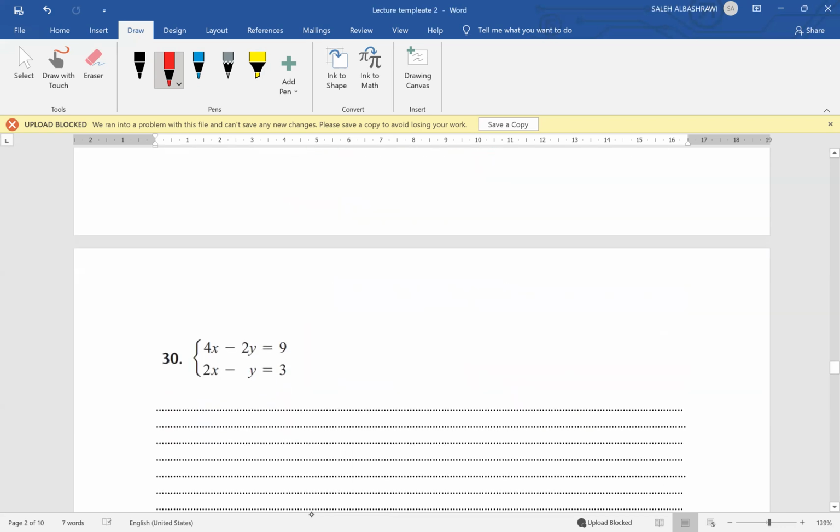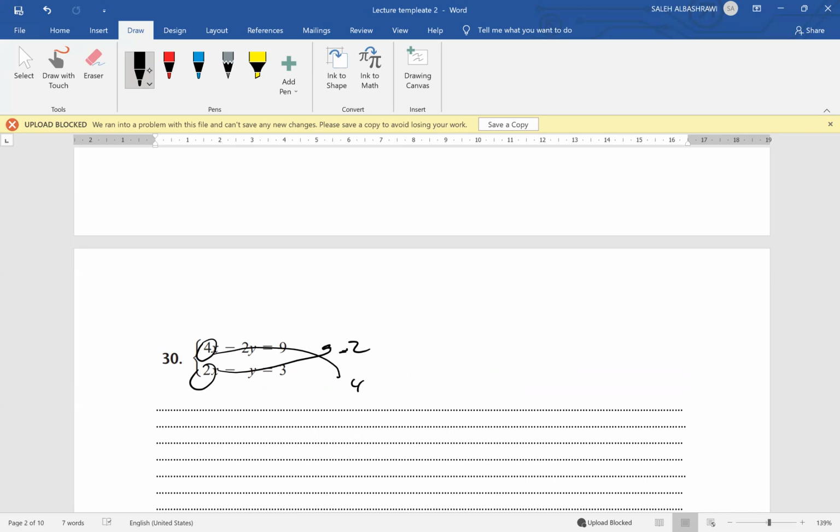Let's have another one. 4x minus 2y equal to 9 and 2x minus y equal to 3. Again, I need to eliminate one of the variables, either x or y. In this example, I'm going to eliminate the variable x. So multiply the second equation by 4 and the first equation by 2, or let's make it minus 2.